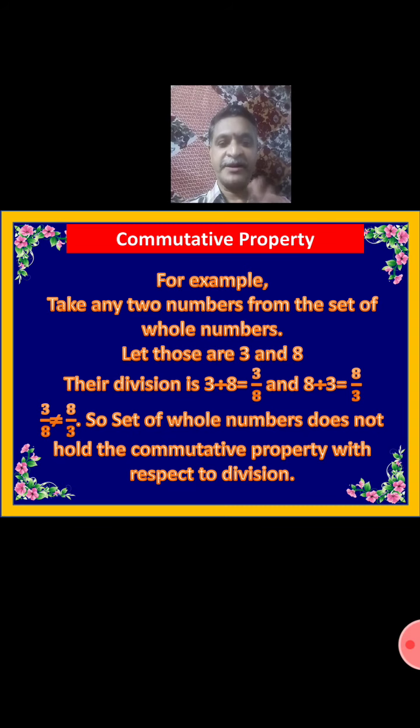It is not simplified. If you simplify it, it comes under decimal fraction. So leave it. So 3 by 8. And 8 by 3 in reverse order. That is 8 divided by 3 is equal to 8 by 3. Both are not equal. 3 by 8 is not equal to 8 by 3. So this set of whole numbers does not hold commutative property with respect to division.